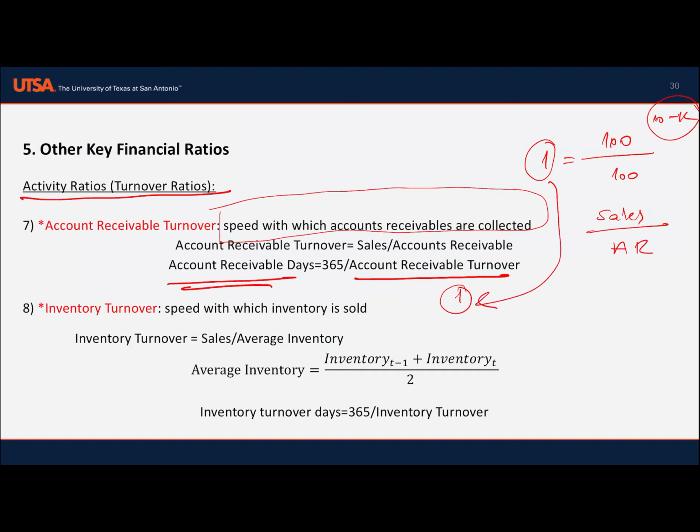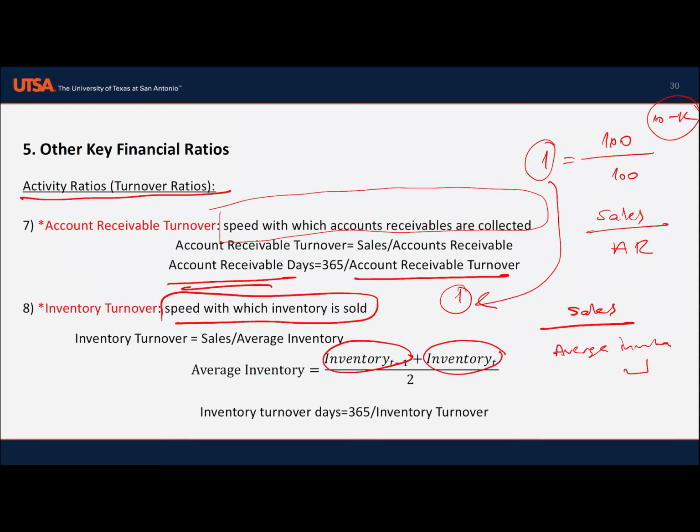Inventory turnover is the speed with which inventory is sold, and we can calculate it as sales over average inventory. Average inventory is current year inventory plus prior year inventory divided by 2, and we can find inventory turnover by using average inventory.